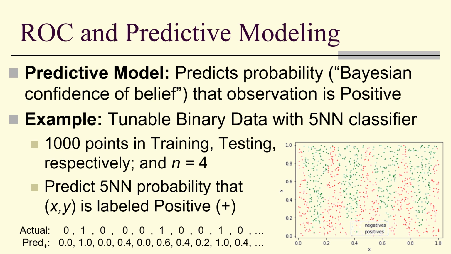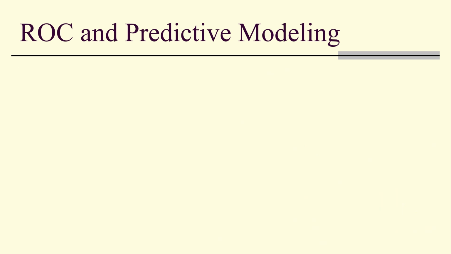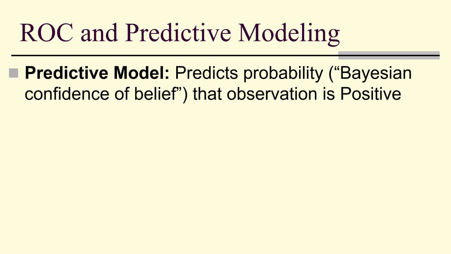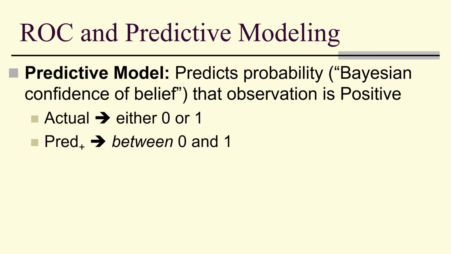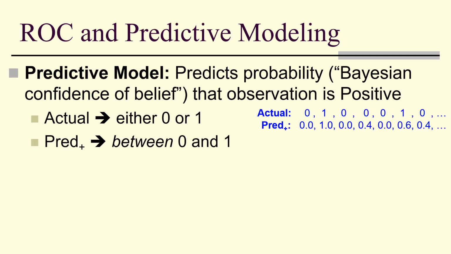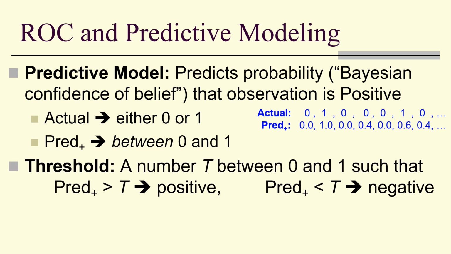You can see those predictions of positivity are actually numbers between 0 and 1. So we can use the receiver operating characteristic because the actual is either 0 or 1. The predictions are between 0 and 1.